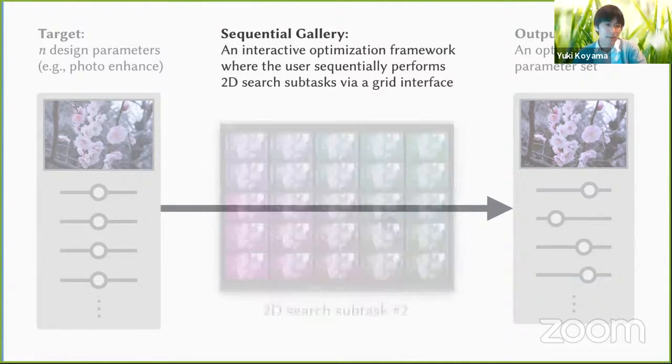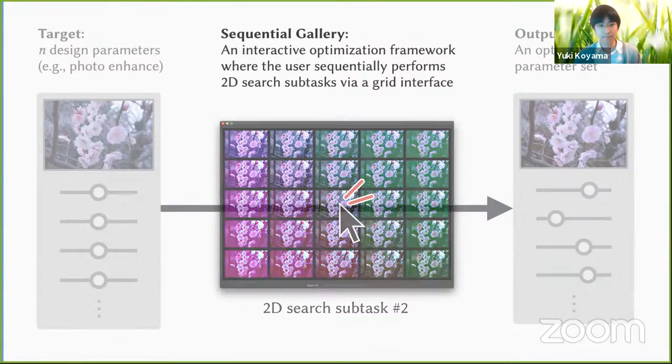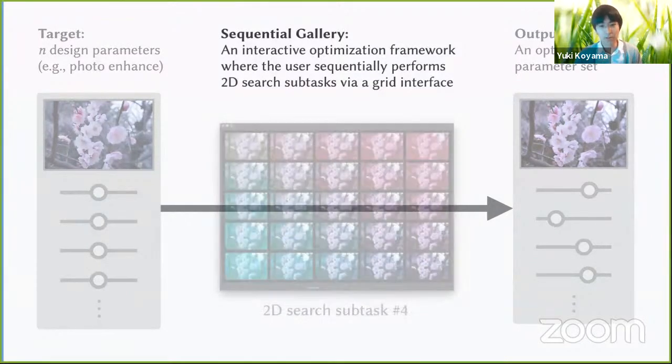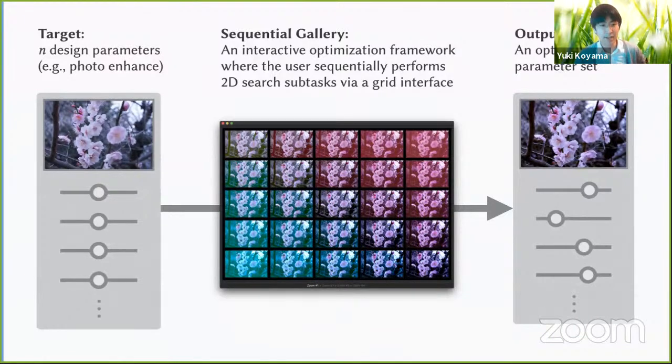Then the system updates the options using a grid view, and again asks the user to choose the best one from the grid. This process is iteratively performed several times, and finally the user can obtain the optimal parameter set.